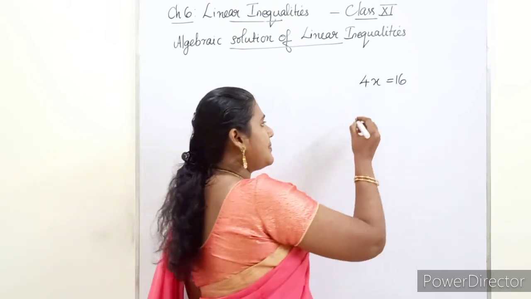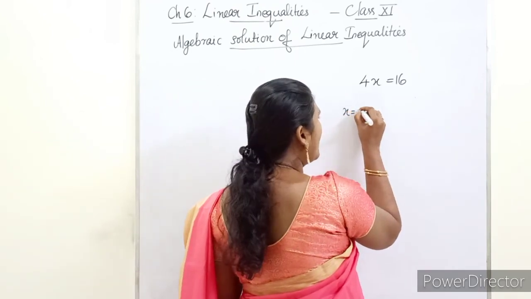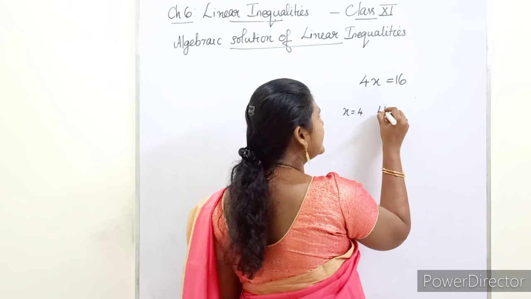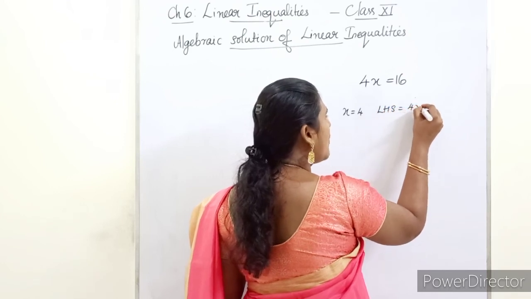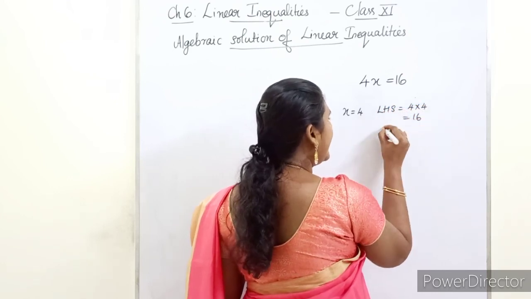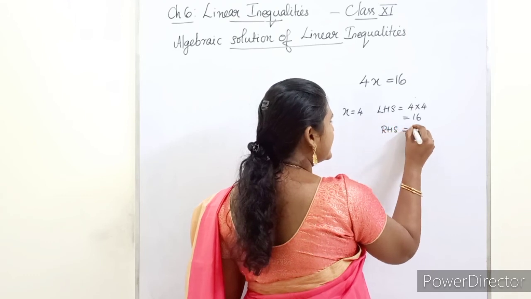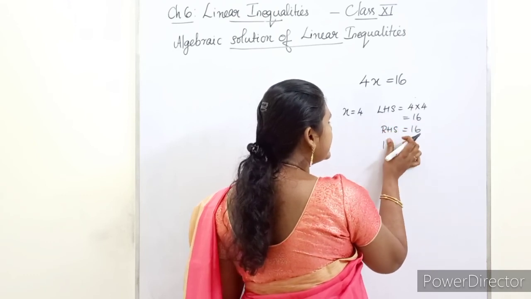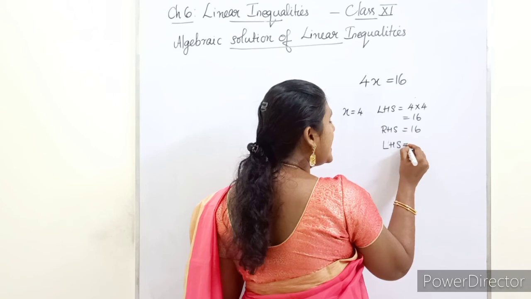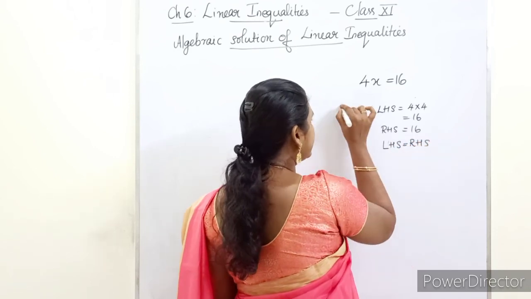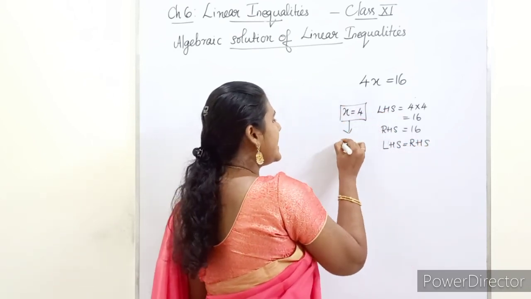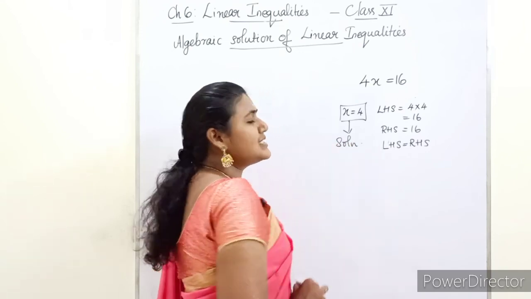For example, if I take x = 4 and substitute it, on the LHS I get 4 into 4 equals 16, and the RHS is also 16. So LHS and RHS are equal for the value x = 4. So I can say x = 4 is the solution.